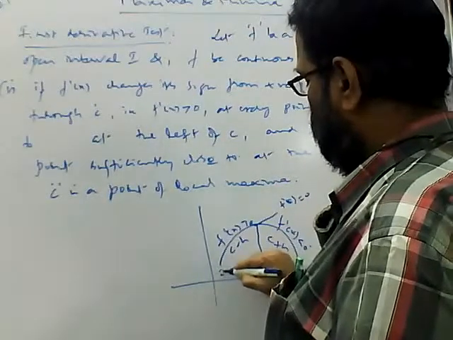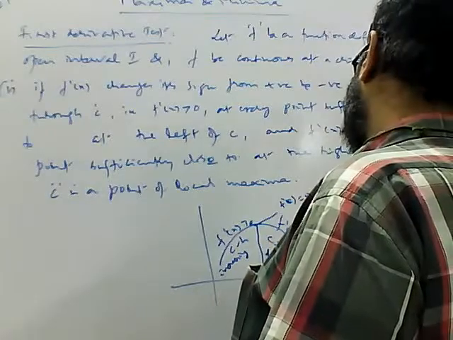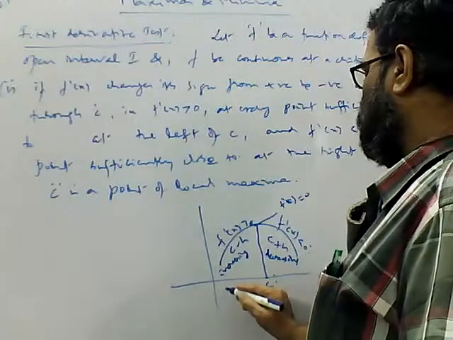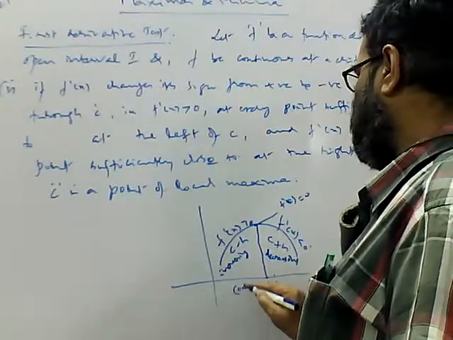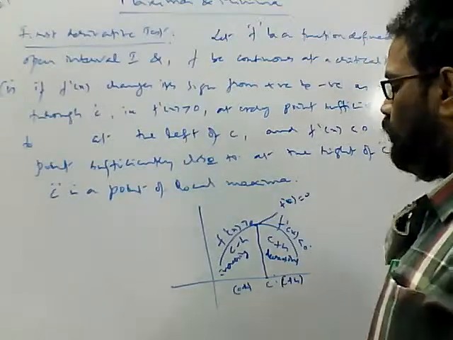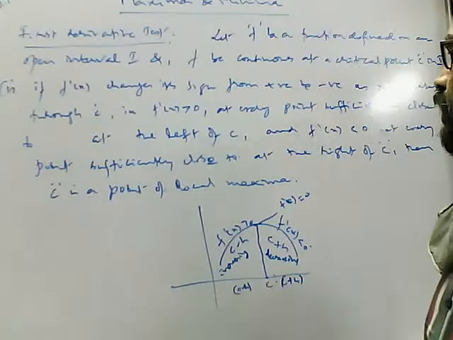This is increasing and this is decreasing. See, this is C minus h and this is C plus h. So it increases and then decreases. So this is the position of a local maxima.